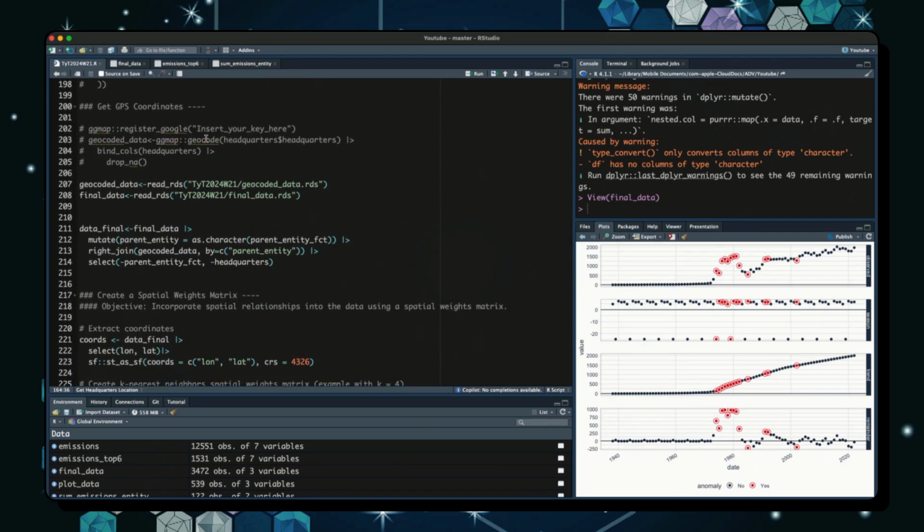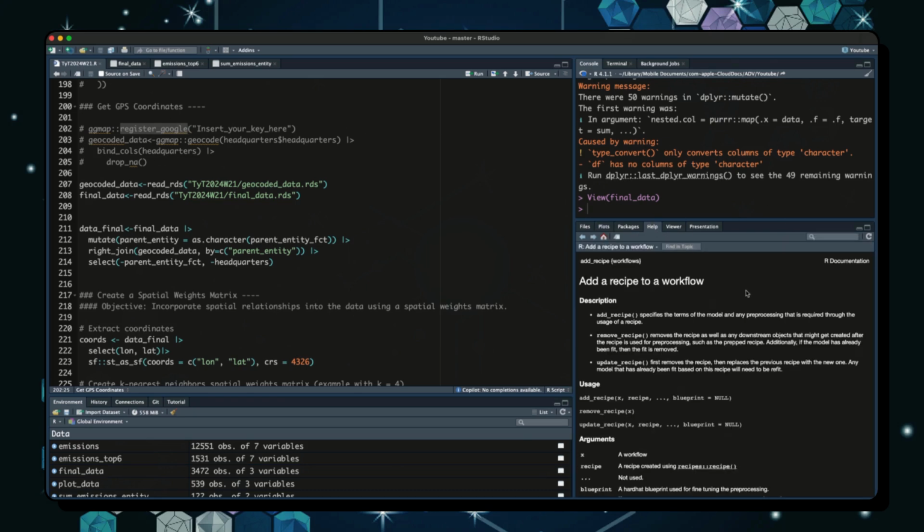And the last step is to find the GPS coordinates of those headquarters. This is an easy step that can be done with an R package, to register Google.